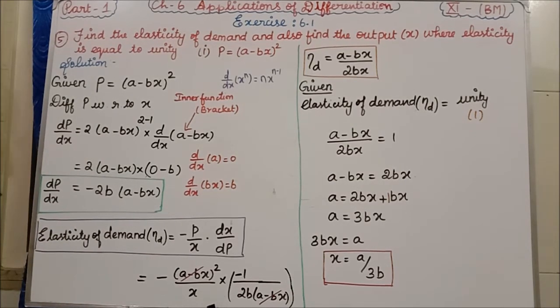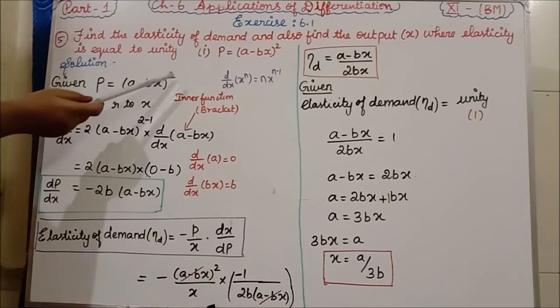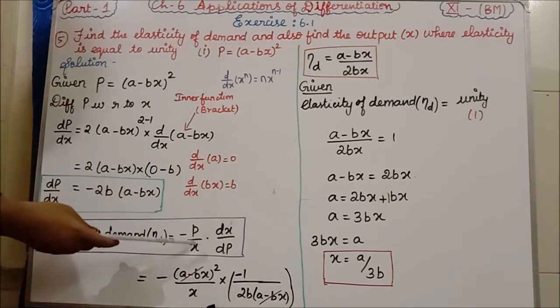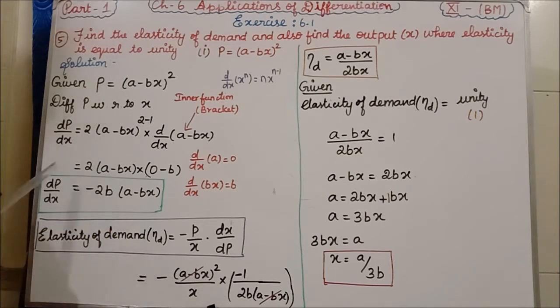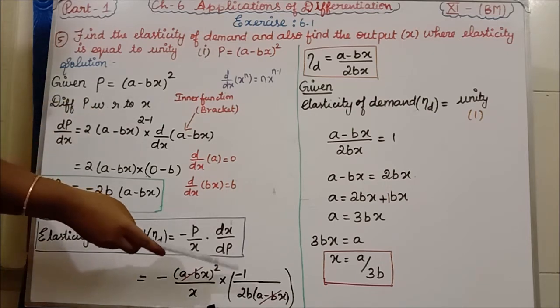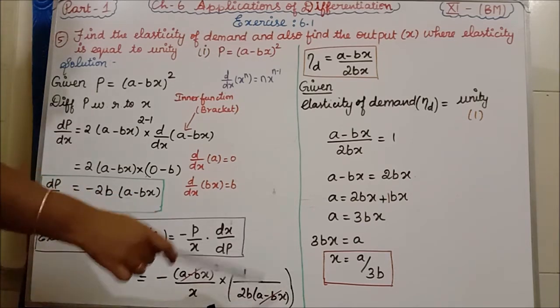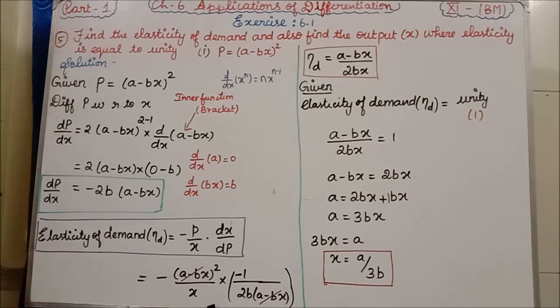So now minus P, the price we have been given, (A minus Bx) the whole square, divided by x into dx by dP, meaning you take the reciprocal: minus 1 divided by 2B into (A minus Bx). Here we have (A minus Bx) whole square, and below we have (A minus Bx) only once. If you cancel, one more (A minus Bx) will be left.